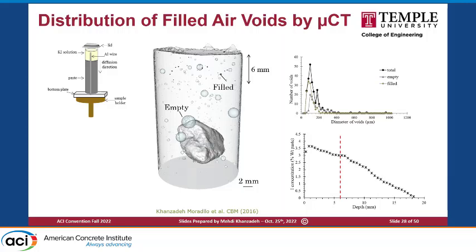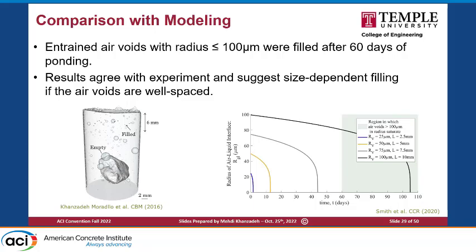So you can see at the top, mainly the smaller air void system, less than 200 micron, getting filled in this system at around 6 millimeter from the surface, and that's going to be your supersaturated area, what you are seeing at the bottom graph. So when you reach this supersaturation level, your air void is getting filled with the salt deposit. So based on this information, we can use this for the modeling as well.